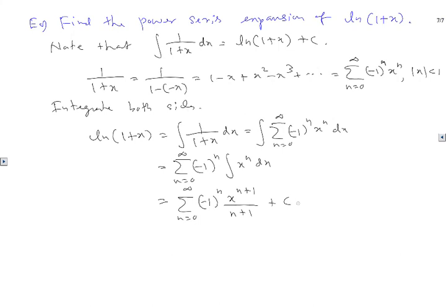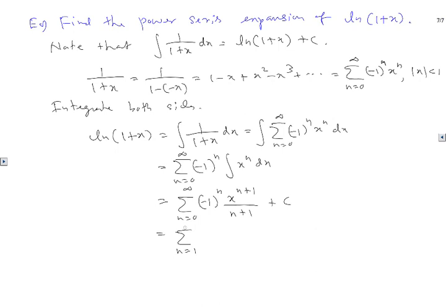Now the question is we don't know what c is here. What you can do first is the index change if you want. So let's make an index change. I'm going to start with n equals 1.